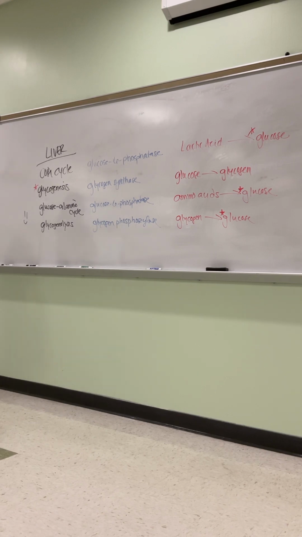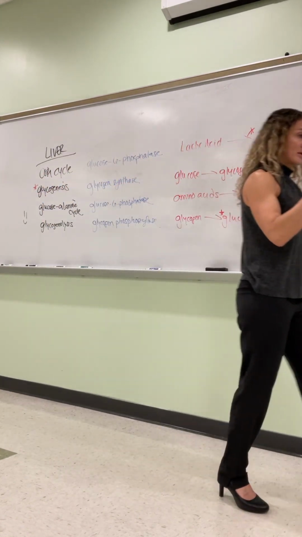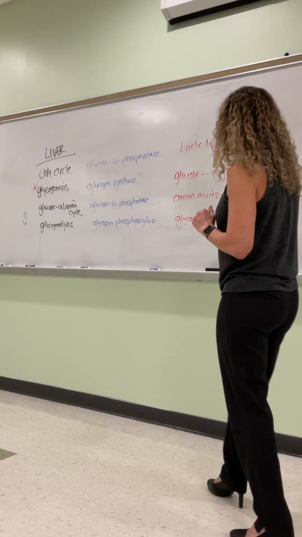Yes? Can you repeat the... Yes. Catabolic is breaking down. Anabolic is building up. Like if you think about anabolic steroids helping you build muscle, anabolic is building, catabolic is breaking down. Yes? So Cori cycle, glucose alanine cycle, and glycogenolysis are all catabolic? Yes.